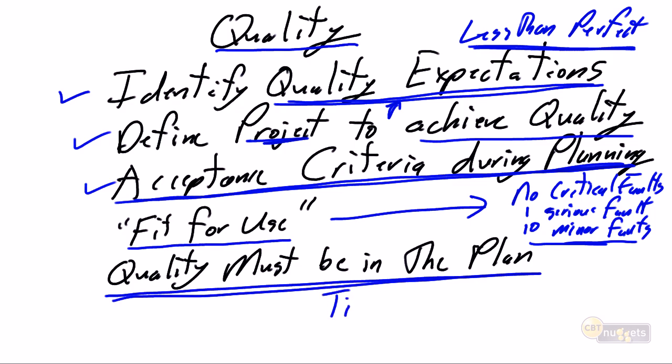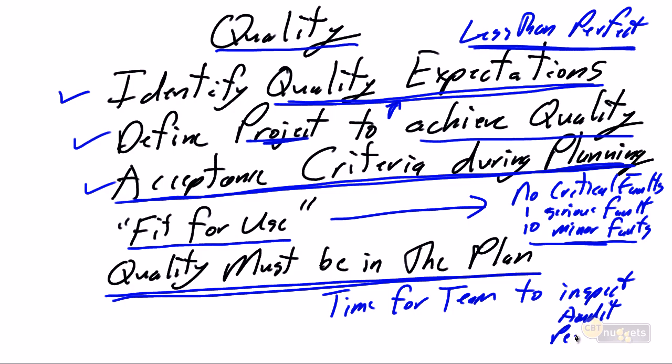There must be time for the team to inspect, to audit, to peer review, etc. Because if the only time allocated for the team is producing deliverables, and there's no time allocated to the team to do the quality activities, let's face it, the quality activities are not going to get done, and we're not going to be able to deliver the plan within the terms of the acceptance criteria.